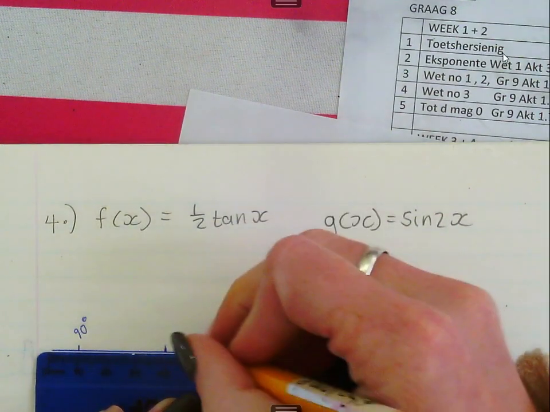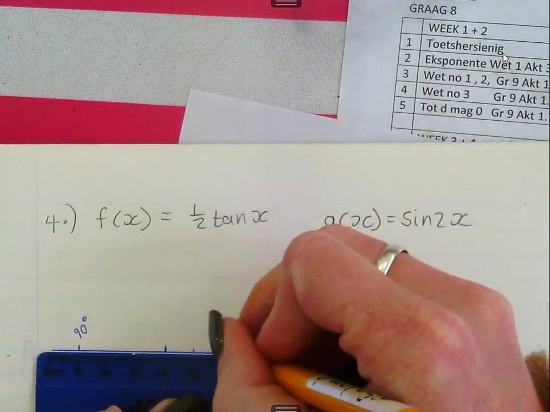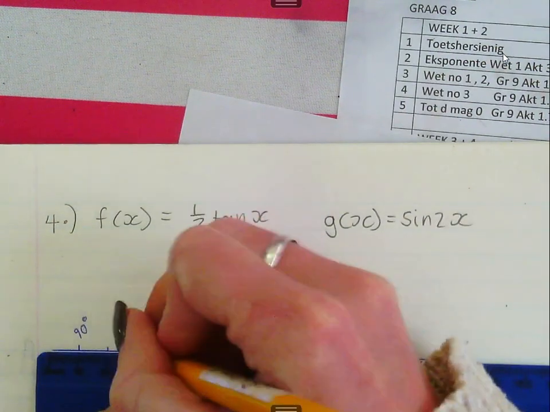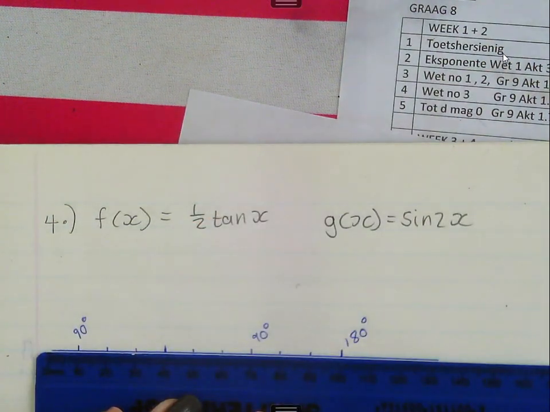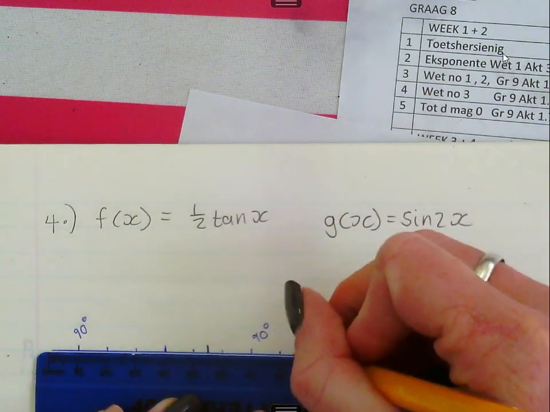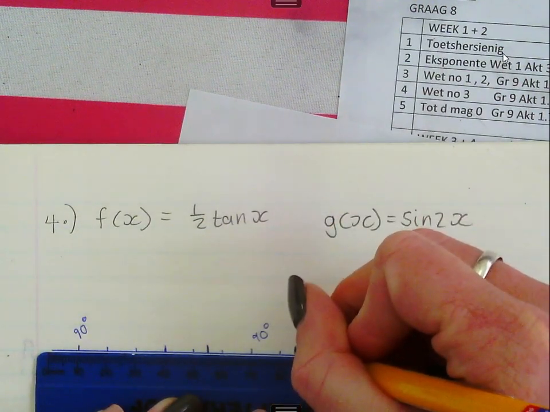So for that reason I'm choosing my 3 centimeters for the sin, although it wasn't actually necessary. Oh, it is, yeah. And I can also insert my 45s.